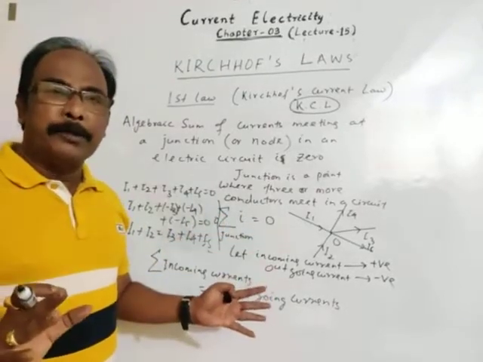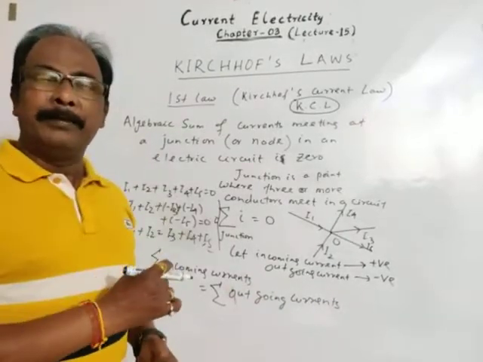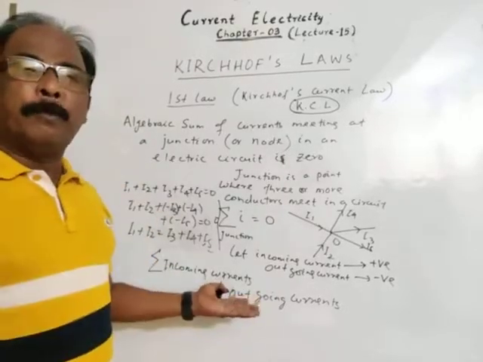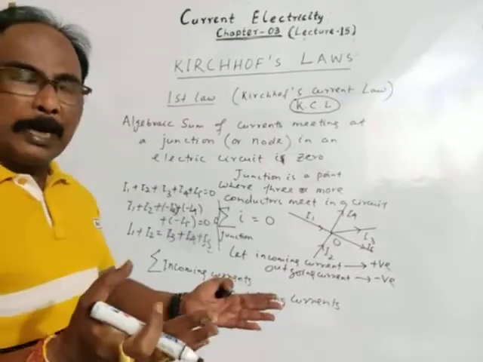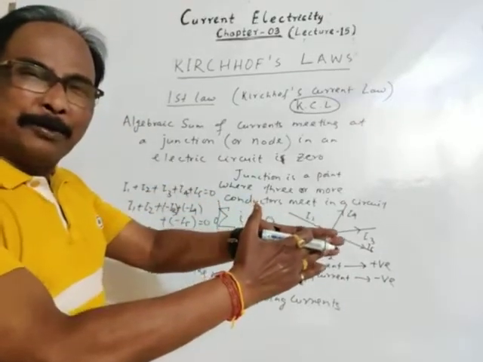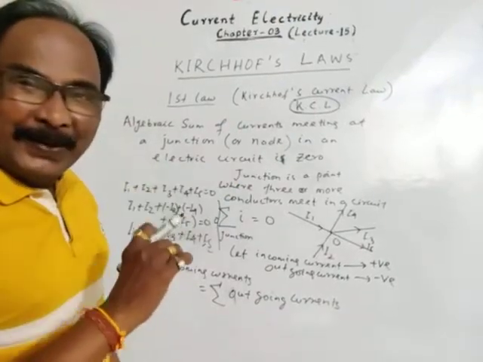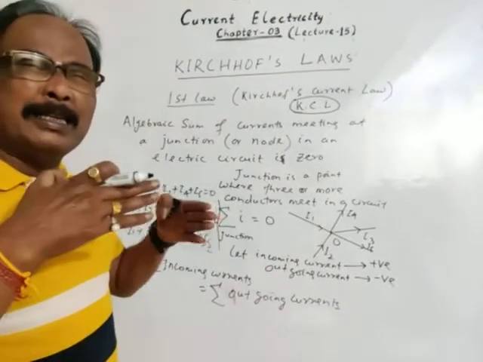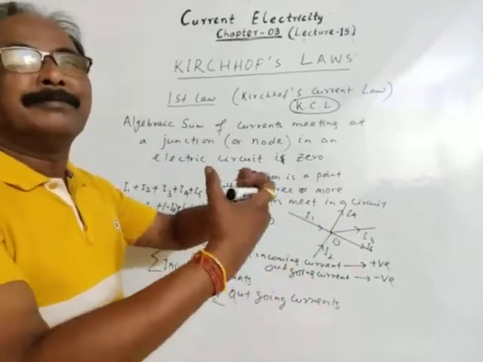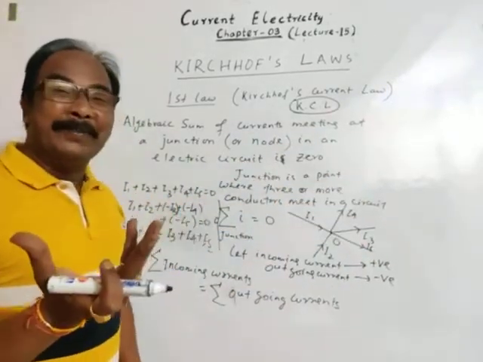Again, we have discussed from the very beginning what is meant by current. Current means flow of charge. So total incoming charge to junction O is equal to total outgoing charge from junction O. Whatever charge comes to a junction is equal to the charge outgoing from the junction.